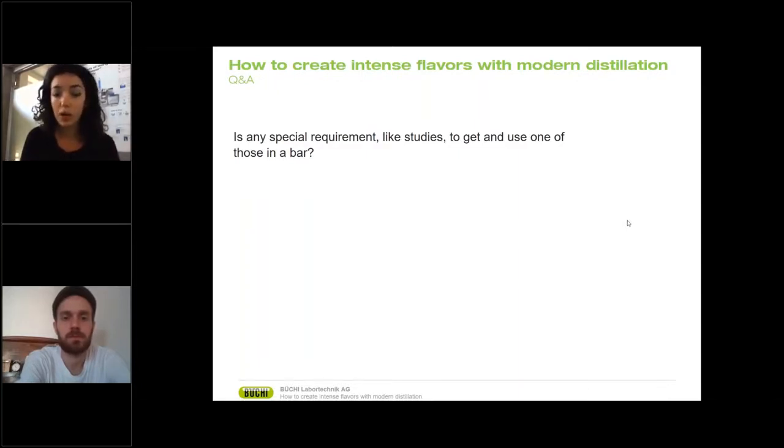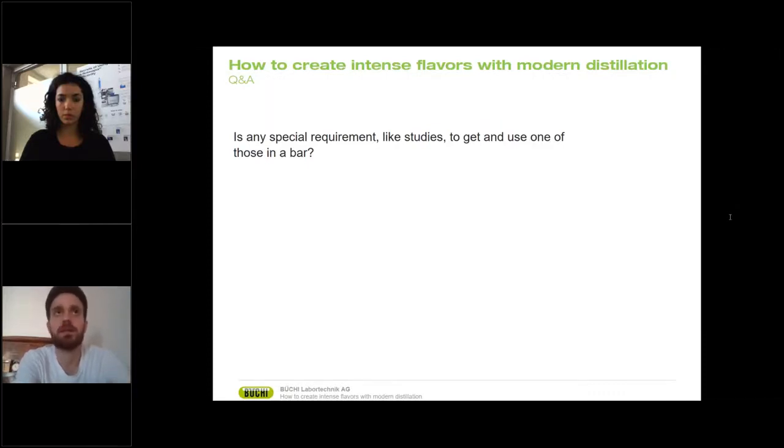Is there any special requirement, like studies, to get and use one of those in a bar? Well, of course, when it comes to technology and especially distillation, I believe it is necessary to know the physical and chemical principles behind this process in order to always obtain the maximum expression of each ingredient treated. But I also like to say that it's not required to have a university, chemical university, and stuff like this.